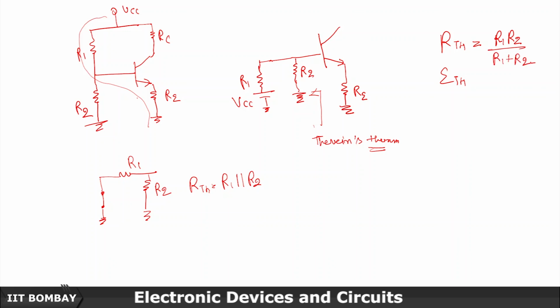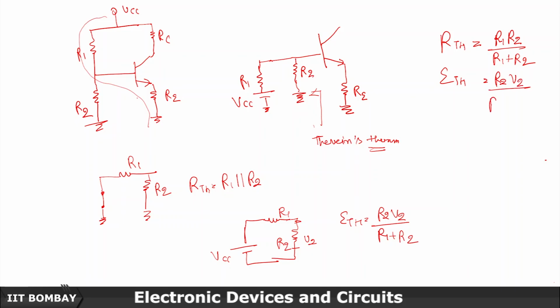And how about ETH? ETH will become the voltage drop across R2. If we draw an equivalent circuit, it would be something like this. This is R2, so the voltage drop across R2. So ETH would be R2 V2 divided by R1 plus R2.